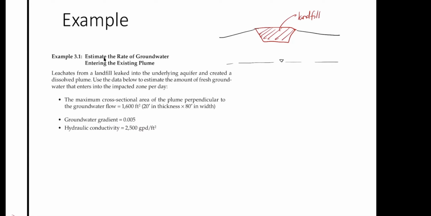Use the data below to estimate the amount of fresh groundwater that enters into the impacted zone per day. The maximum cross-section area of the plume perpendicular to the groundwater flow is 1,600 square feet.